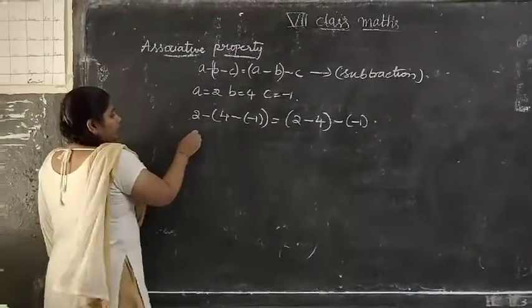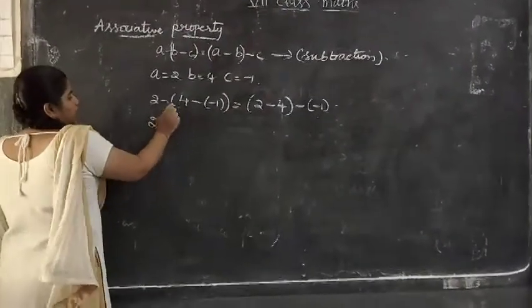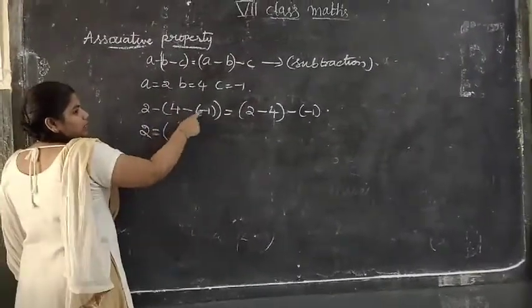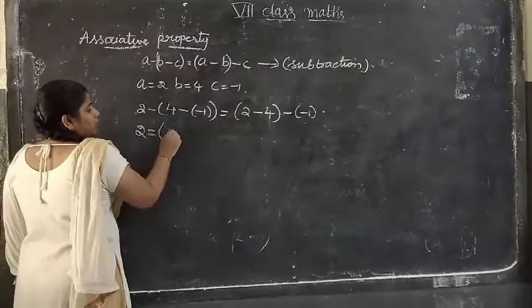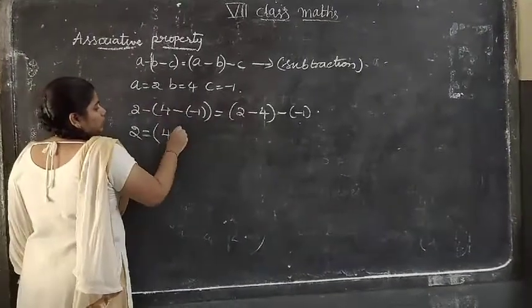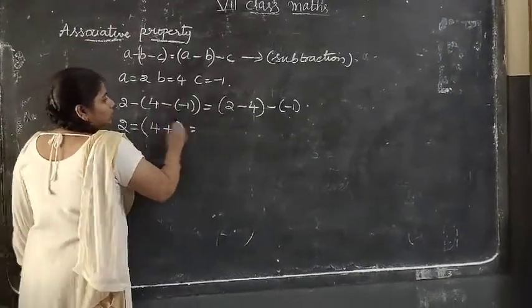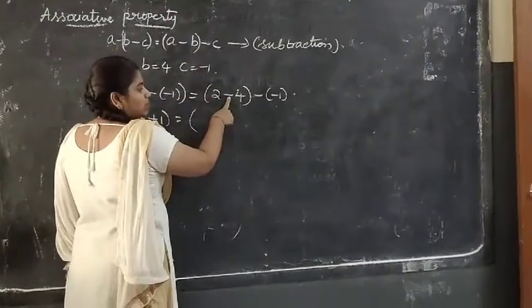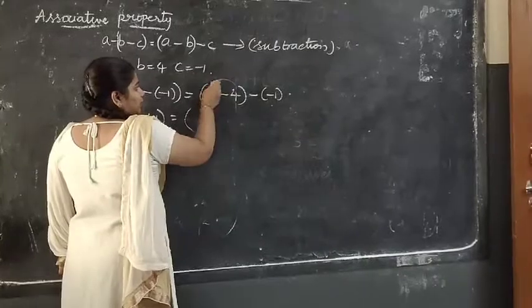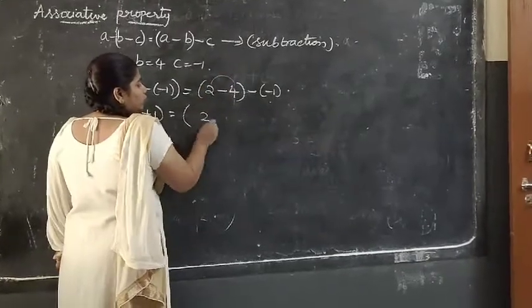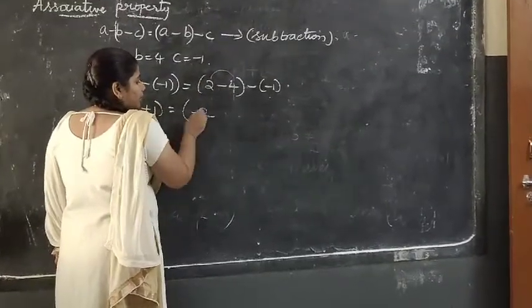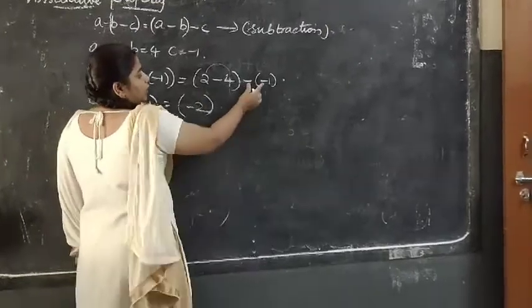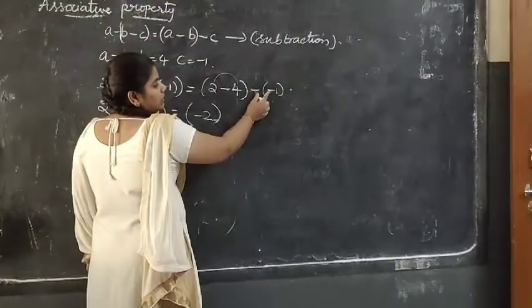Coming to the LHS part, 2 minus 4, then double signs we are seeing, so make it into a single sign. Minus into minus will be plus 1. Now 2 minus 4 is, plus into minus is minus, so subtract the numbers: 4 minus 2 will be 2. For the result you have to keep the bigger number's sign, which is minus. Now in the other bracket we see a double sign, make it into a single sign.